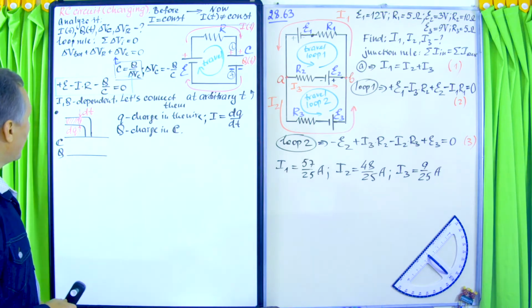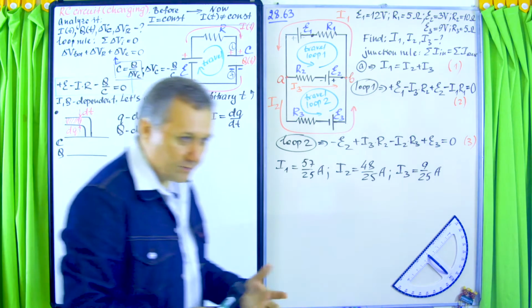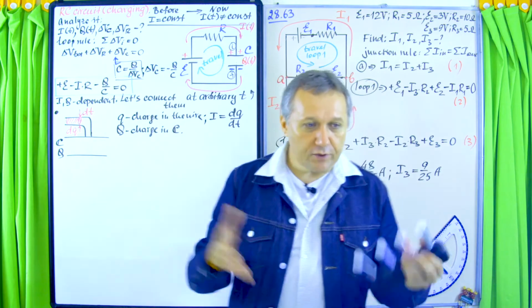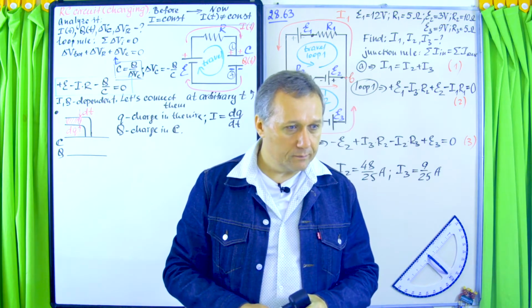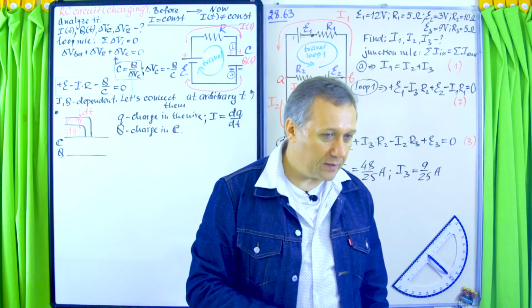Okay, great. Now, where is this charge going to be after some short period of time? Of course, it will flow and end up in the capacitor, because the current flows into the capacitor. So that charge dq which was in the wire will end up in the capacitor.